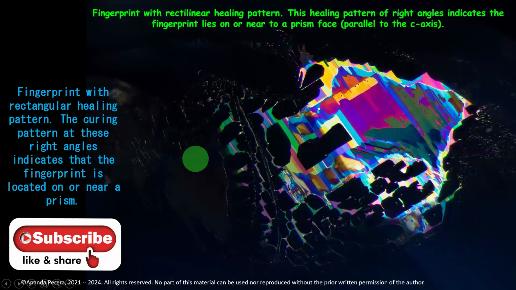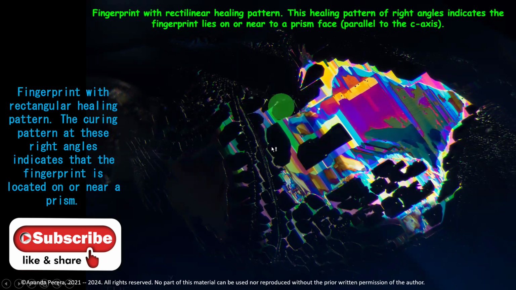And here it is very beautiful. We saw it earlier in the cover photo. It is a fingerprint inside the gemstone with a rectangular healing pattern. This is the healing pattern. All the shapes we can see here are rectangular. It is a fingerprint of the stone.